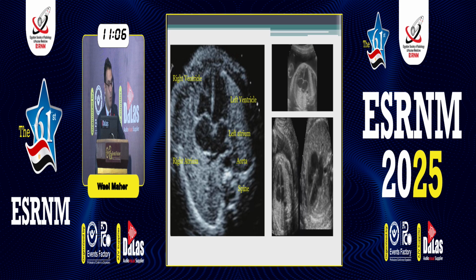Immediately in front of the aorta we'll have the left atrium, in front the left ventricle, on the other side the right ventricle and the right atrium. If you can see here clearly, I need to use the pointer. Yes, that's the vertebrae, the aorta in front of it, and the heart: left atrium in front of the aorta, left ventricle, and right atrium.